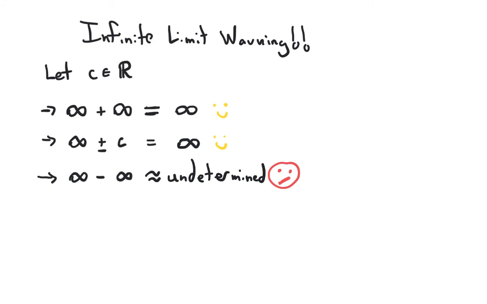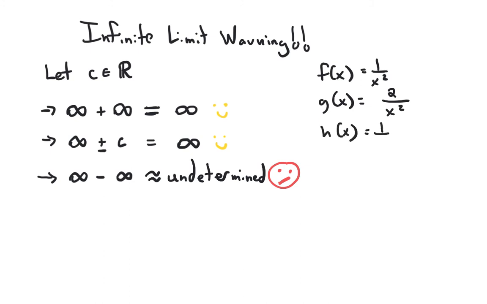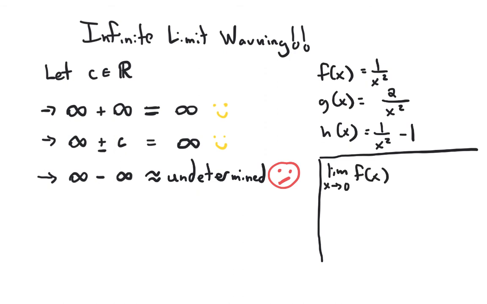So let's call f of x 1 over x squared. Let's call g of x 2 over x squared. And let's call h of x 1 over x squared minus 1. As a little bit of an exercise, you should be able to see that the limit as x approaches 0 of the first is positive infinity.